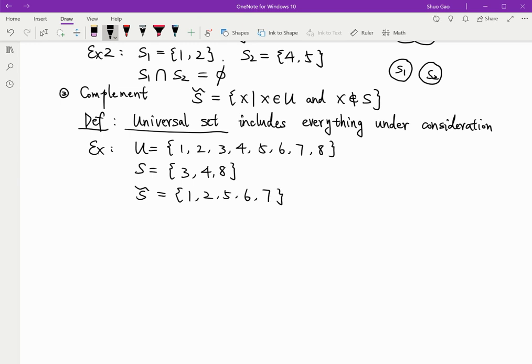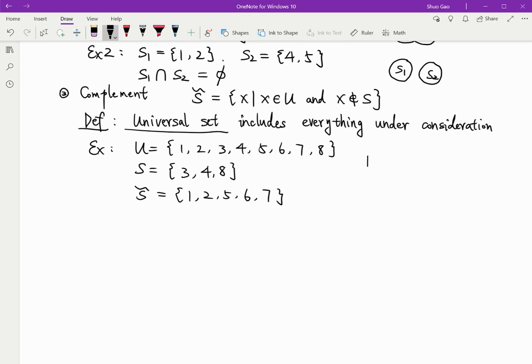Together, S union S tilde is the universal set, as you can see. S and S tilde are complements of each other. The universal set is everything that we consider in this example.